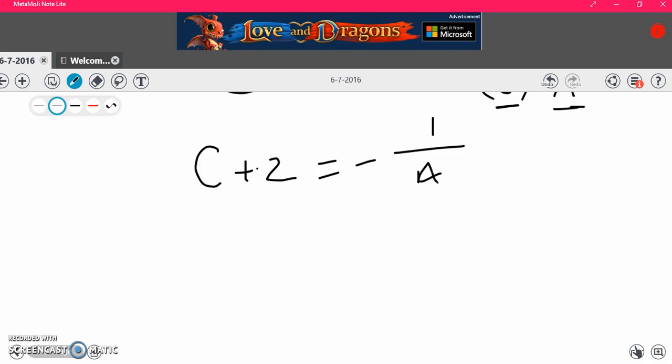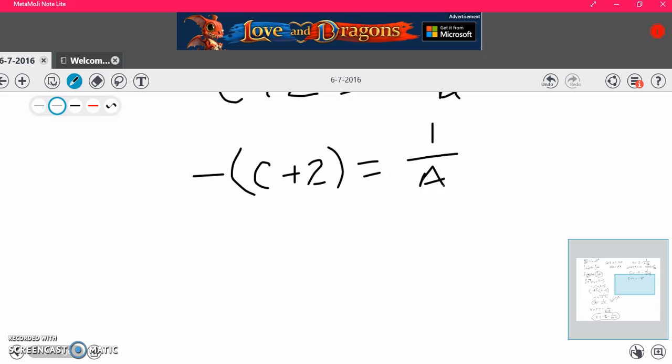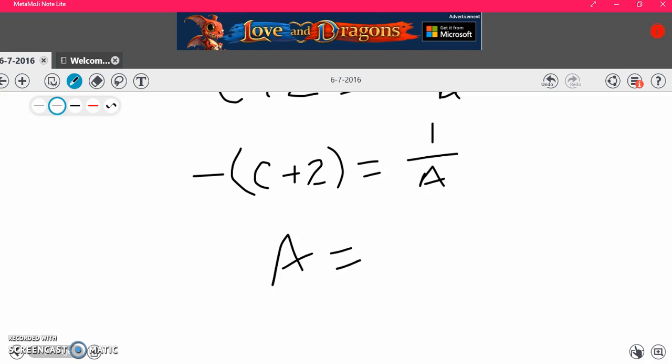First we gotta negate both sides. So we got negative c plus 2 equals 1 over a. And then we're just going to do the switcheroo again. We have our a equals -1 over c plus 2.